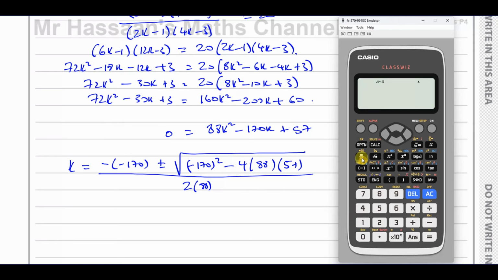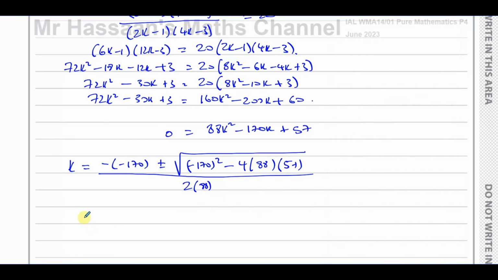That's going to be 170 plus the square root of 170 squared, it's going to become positive 170 squared anyway, minus 4 times 88 times 57, all over 2 times 88, which gives us 3 over 2. So k equals 3 over 2.